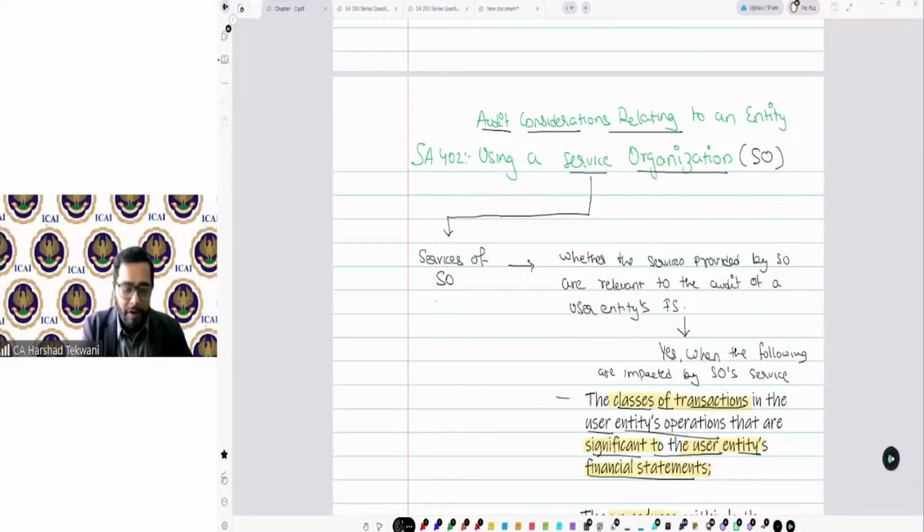The way planning in audit is required, in the same way planning here is also required. So guys, please revise, please practice and bring your doubts. Your doubts are very, very important to us.